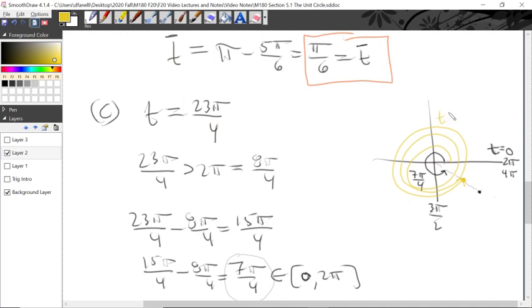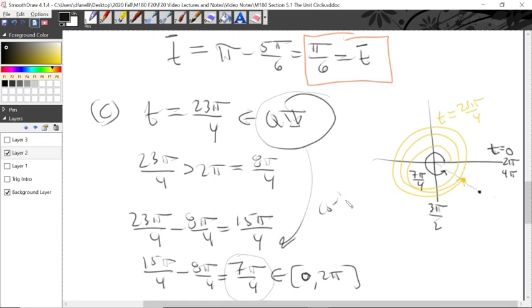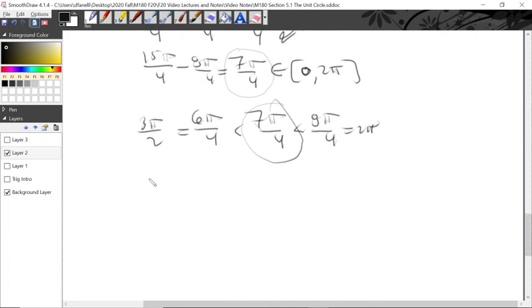So if t is equal to 23 pi over 4, it is found in quadrant 4, and it's coterminal with the number 7 pi over 4.